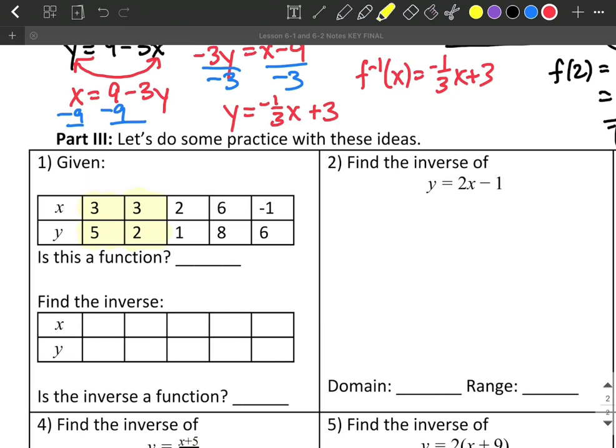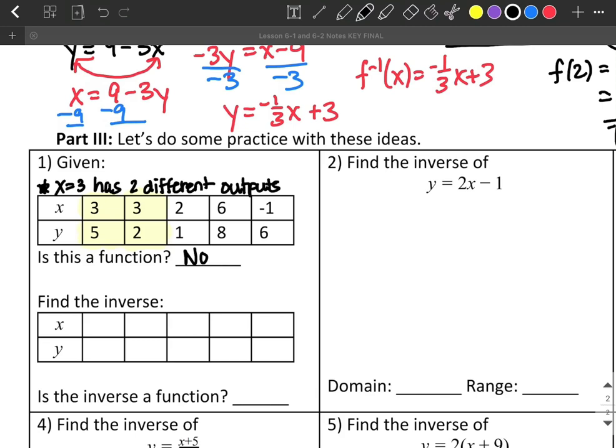Because x equals 3 has 2 different outputs, it's not going to be a function. It's only supposed to have one output. So no, it's not a function.